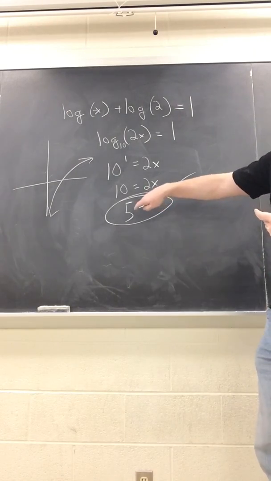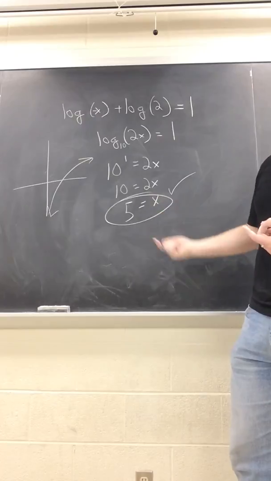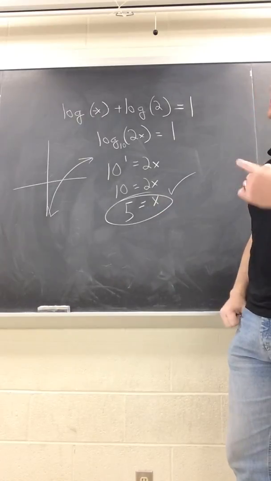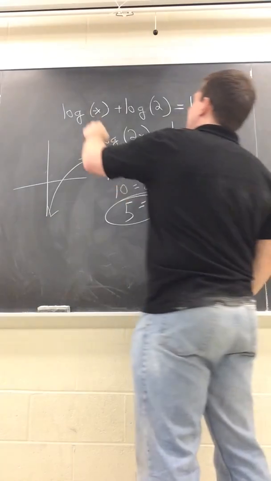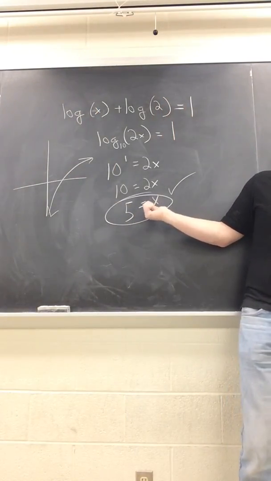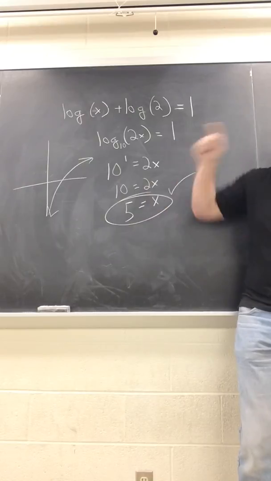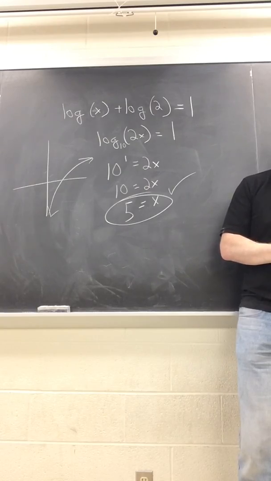Well then, if x equals 5 was a solution, when I plugged it in, I would get log of negative 5. That doesn't work because it's a log of a negative, so this wouldn't be a solution. So just keep in mind, you're not saying x has to be positive down here. You're saying when you take your x and plug it in, you end up taking the log of something that is positive.